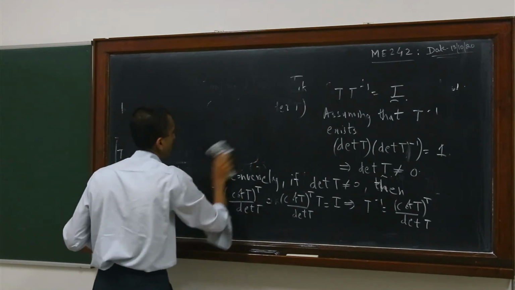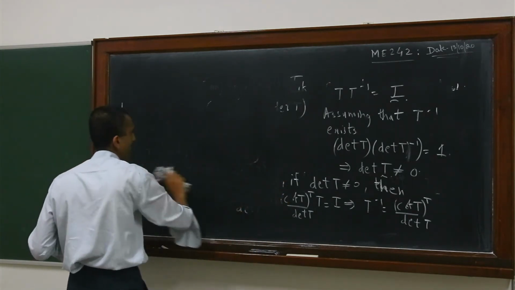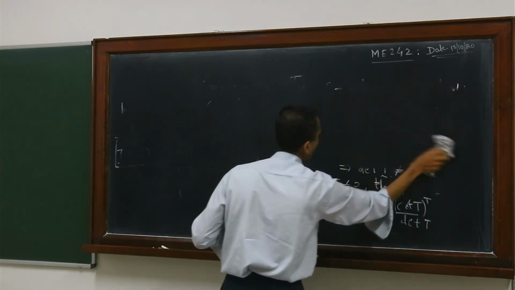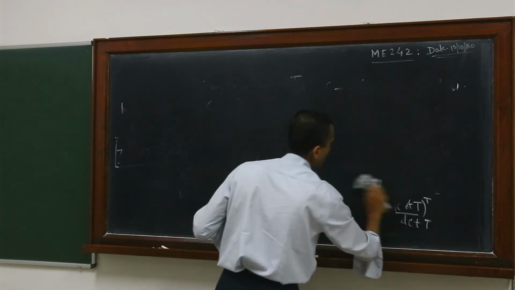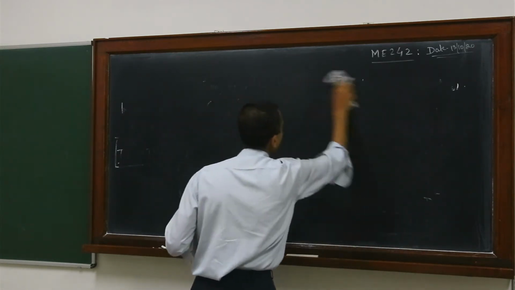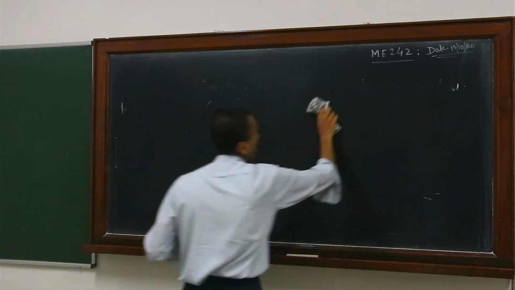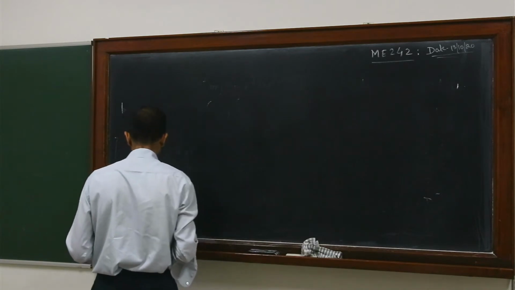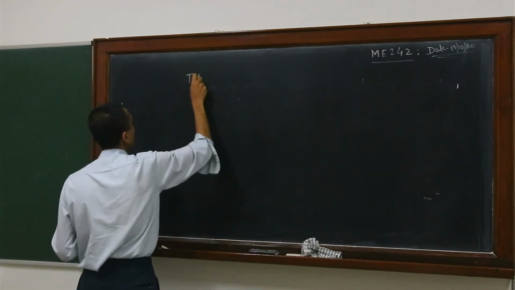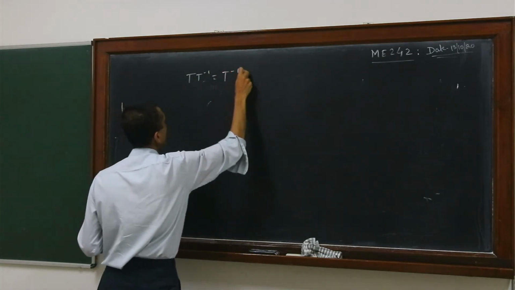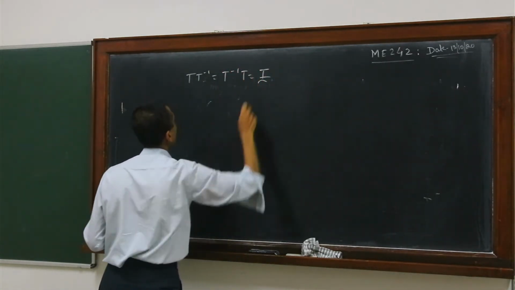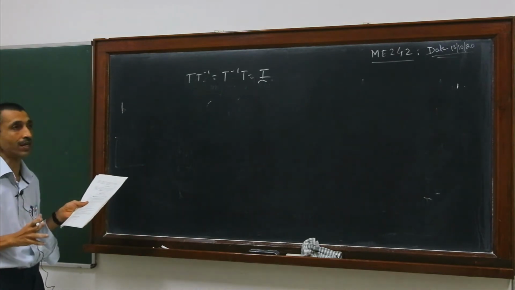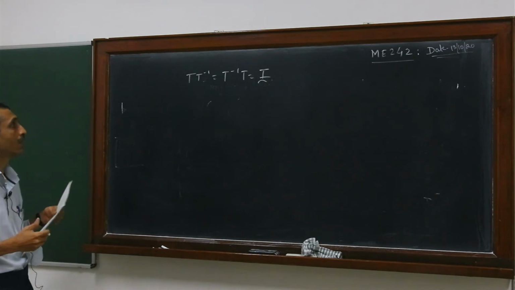So using now some of these formulae that we have derived, we can write some properties now of T inverse. So let us note down a few properties of T inverse. So now we have that T inverse T is equal to T T inverse is equal to I. So we don't need to define a right inverse and a left inverse because of this particular relation.